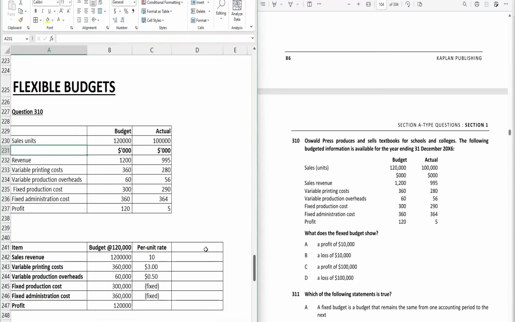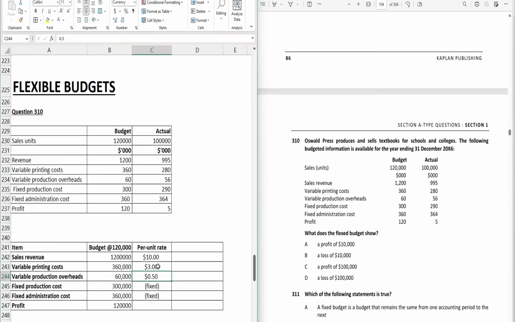Yes, here it is. So sales revenue for one is 120,000, so that means per unit will be 10. And how have I calculated this 10? Simply dividing this by 120,000. Yes, this will give the 10. And again, variable printing cost is 360,000, and if you divide 360,000 by 120,000, this will give you the per unit cost of 3.